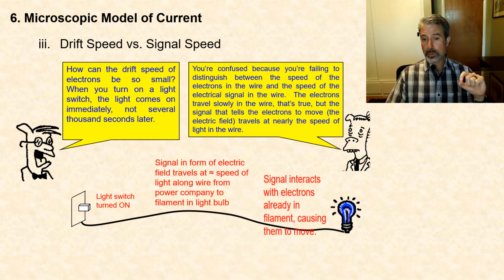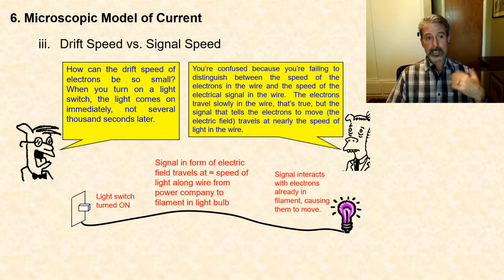When that signal reaches the filament of the bulb, it tells the electrons to move. Remember, this is AC current, alternating current, so it is pushing the electrons back and forth, causing them to vibrate back and forth. So you see that the electrons may travel very slowly, but the signal that tells the electrons to move actually travels extremely fast.